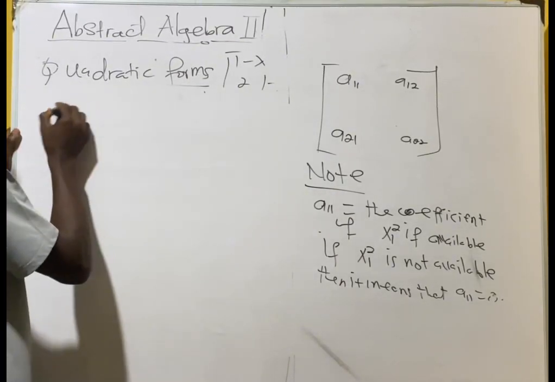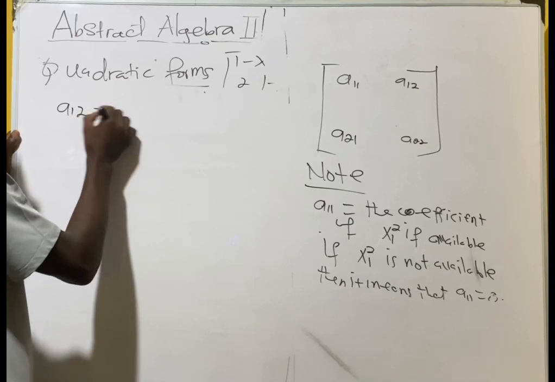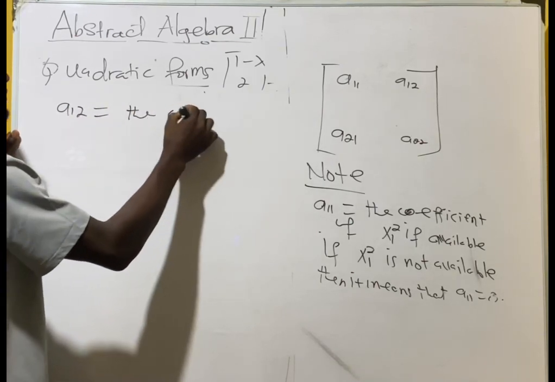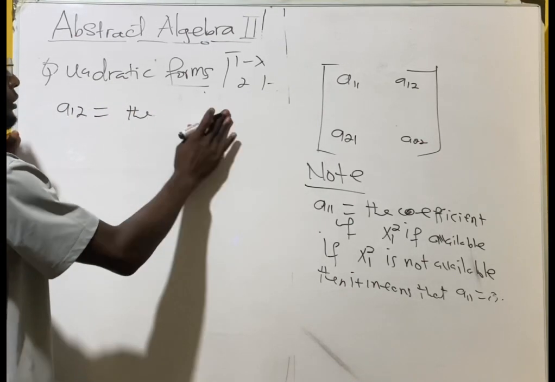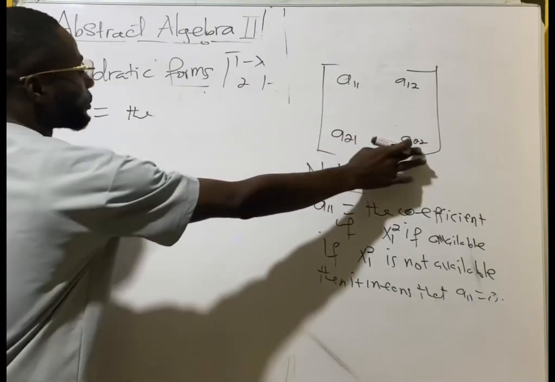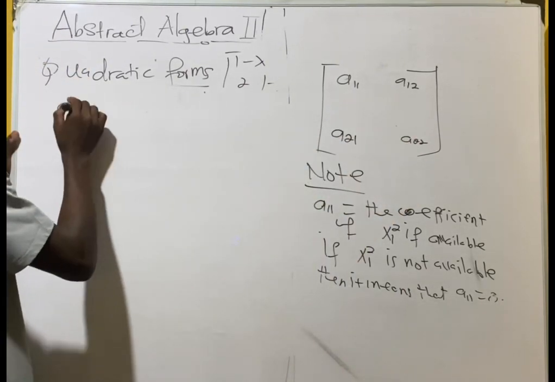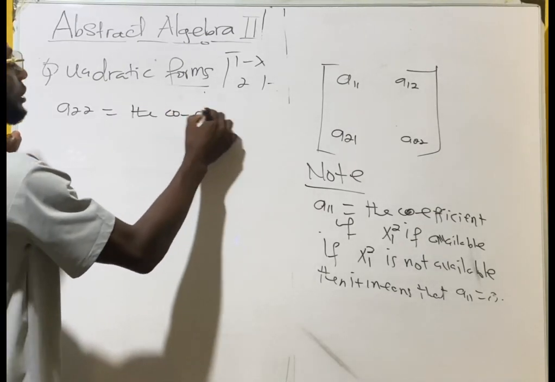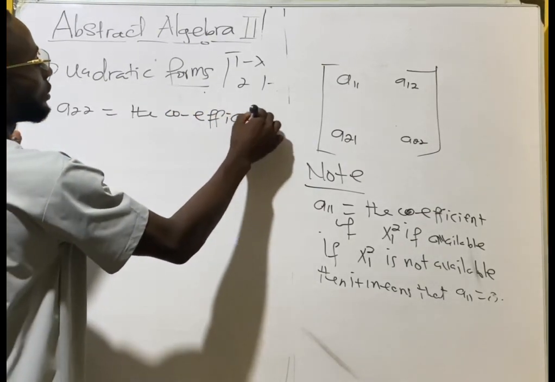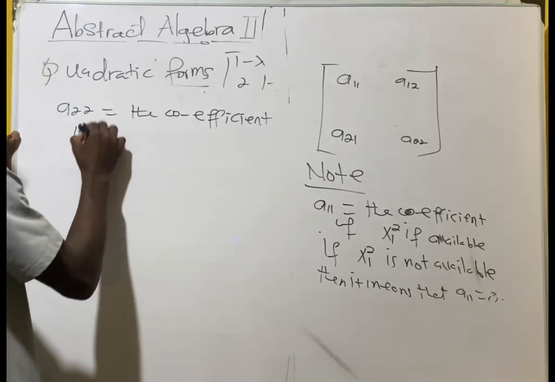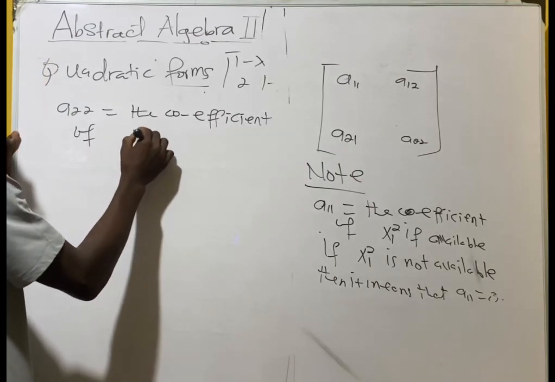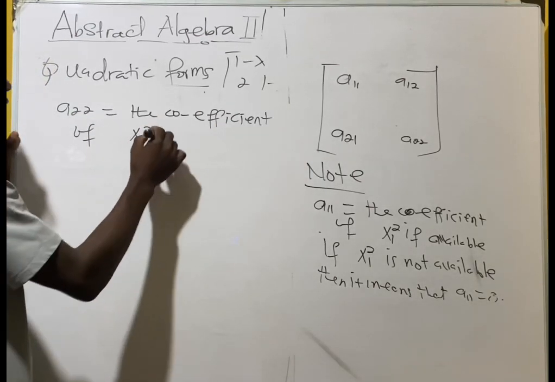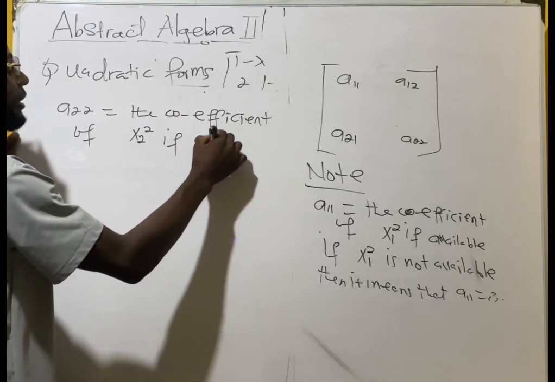Right. A12 is equal to the coefficient. Okay, let me finish with this one first. A22 is equal to the coefficient of x2 squared if available.